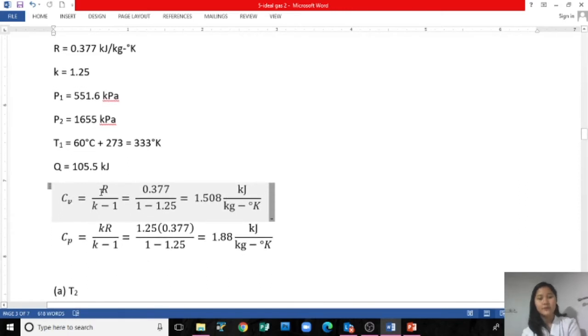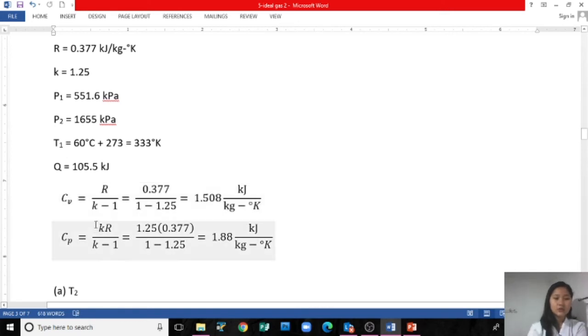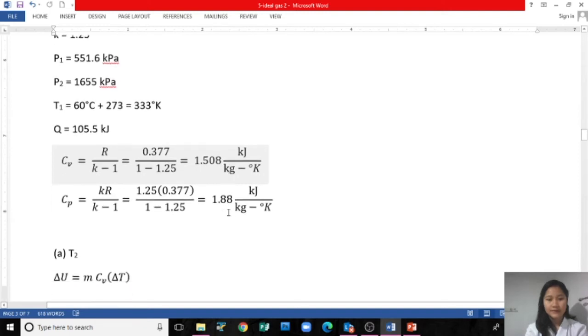The formula for the CV, or the specific heat, is equal to R, the specific gas constant, divided by the constant K minus 1. Substituting all the given to the equation, it is equal to 1.508 kilojoules per kilogram degree Kelvin.